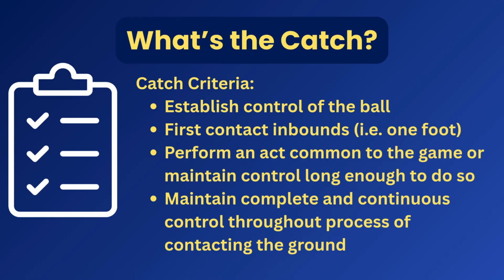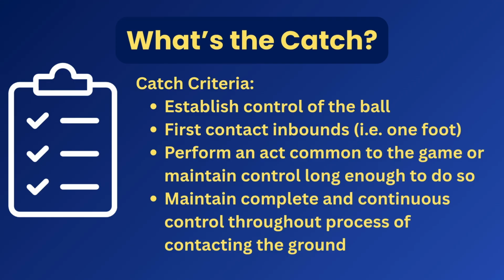If they turn, make a juke move, that might be an act common to the game. If they extend the ball out to try and break the plane of the goal line, that might be an act common to the game. But that type of thing.